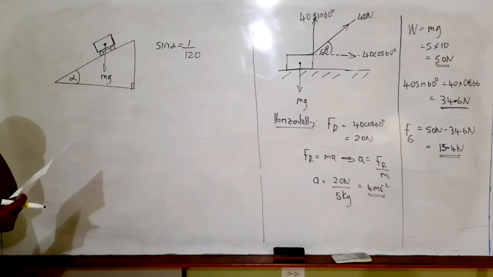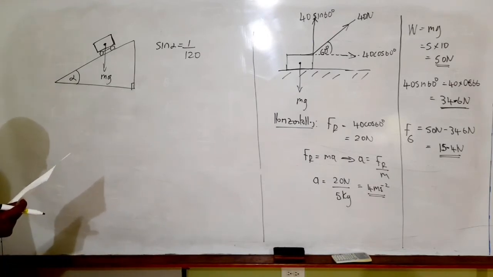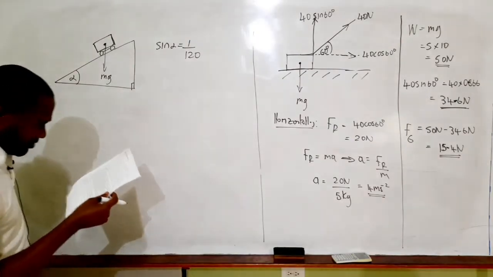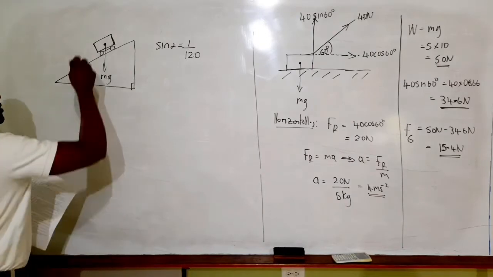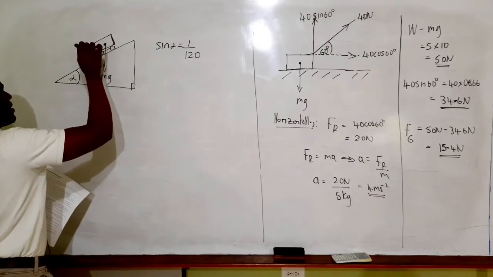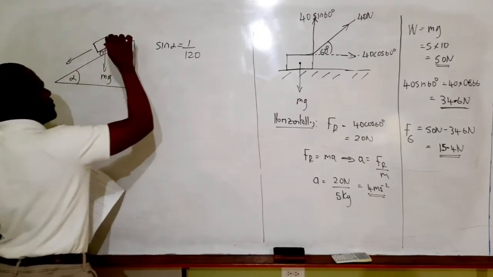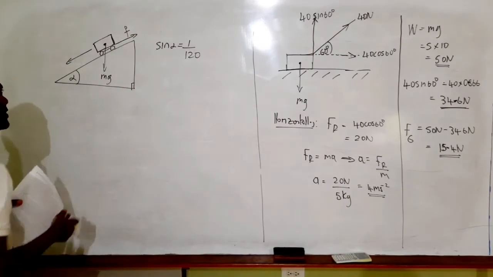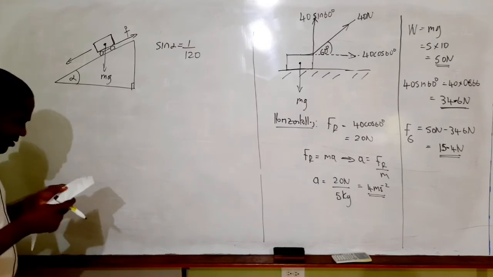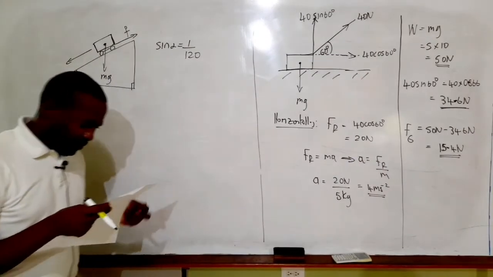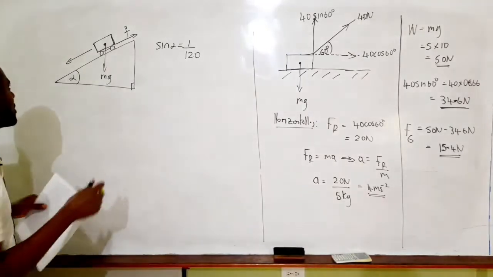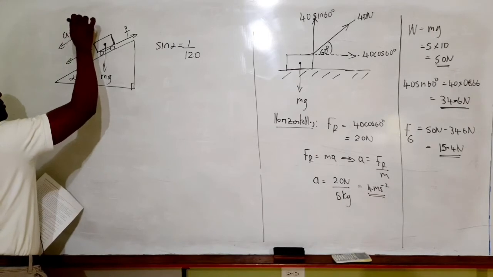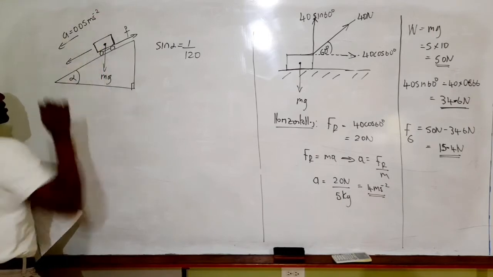We're also told that there's a frictional force acting on the truck, or resistance of motion. If the truck is moving in this direction, in which it is accelerating, then the friction will be in the opposite direction. So let's call it the friction F. The acceleration a equals 0.05 meters per second squared.